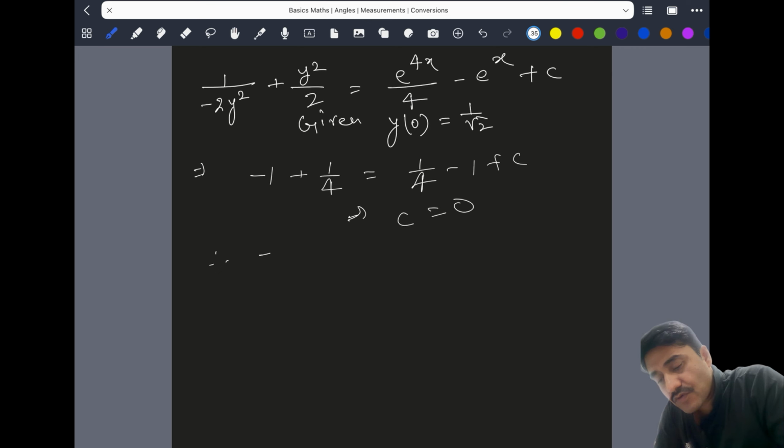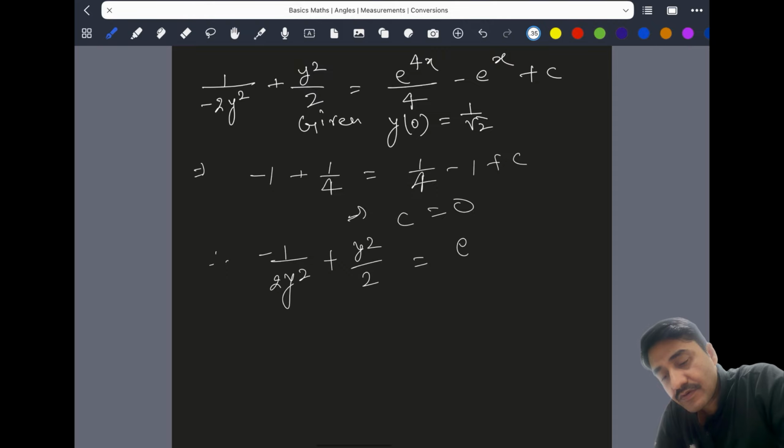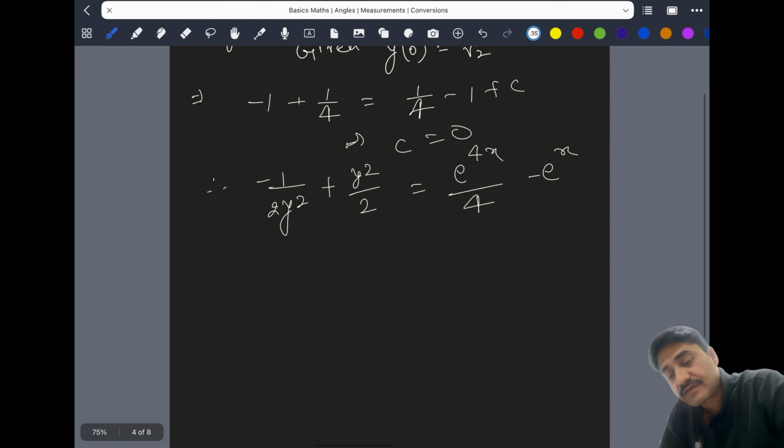So it is now minus 1 by 2y square plus y square by 2 is equal to e raised to 4x by 4 minus e raised to minus x.